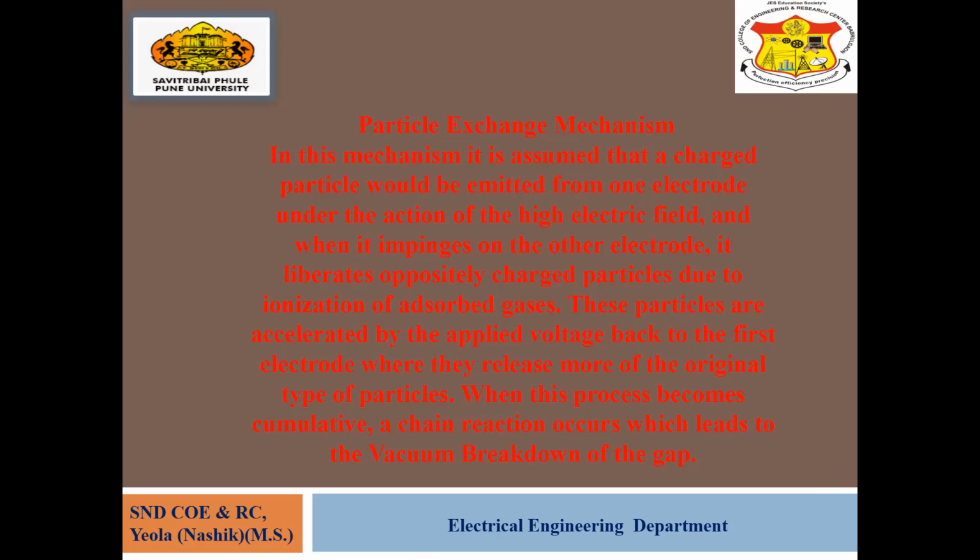Just as I have told you, they are electrons. When the electrical field is applied, electrons from this cathode are the original type of particles. It means more electrons are produced, and this becomes cumulative and a chain reaction, which leads to vacuum breakdown of the gas.